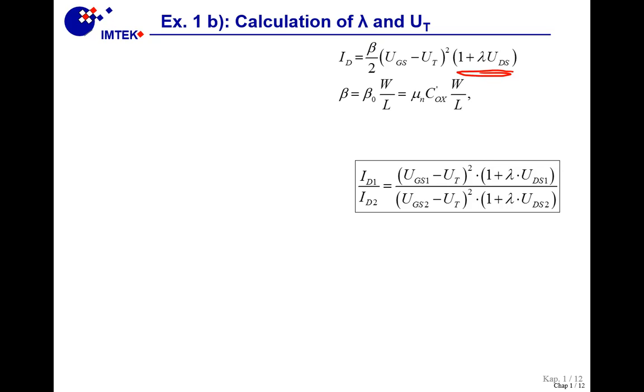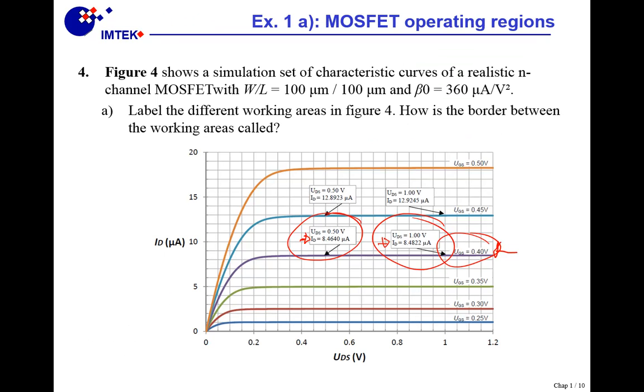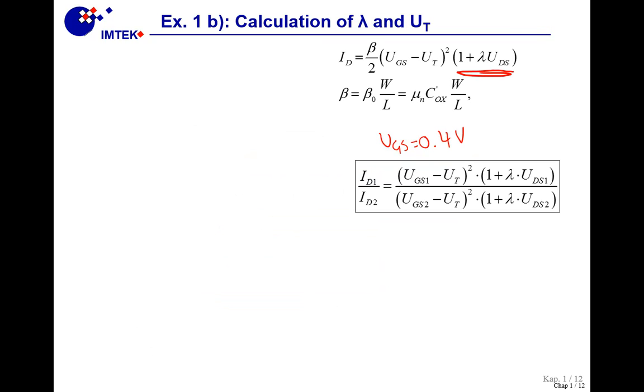So what happens? We are using the same UGS, so UGS is equal to 0.4, I think, if I'm not mistaken, yeah, 0.4 volts. So that would mean that this UGS is equal to this UGS here. UT, of course, remains constant because it's the same transistor. So that means that this whole term is constant, and this whole term is constant.